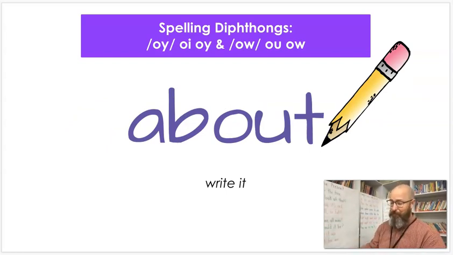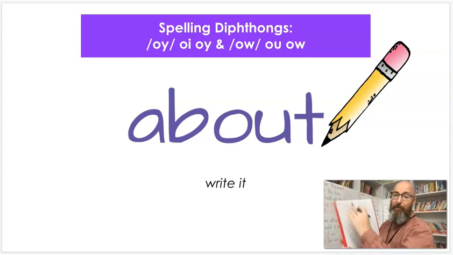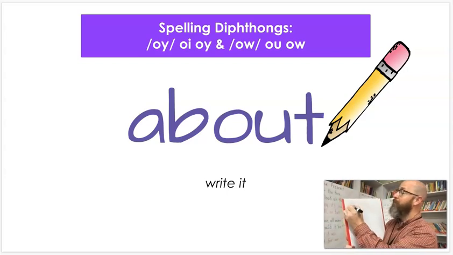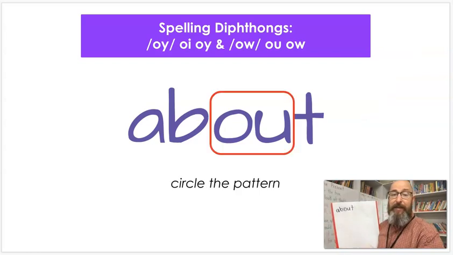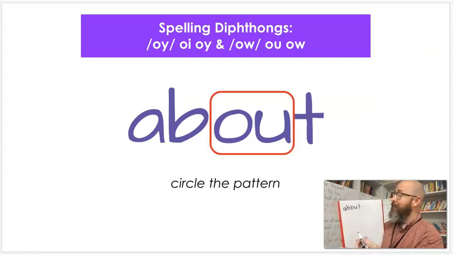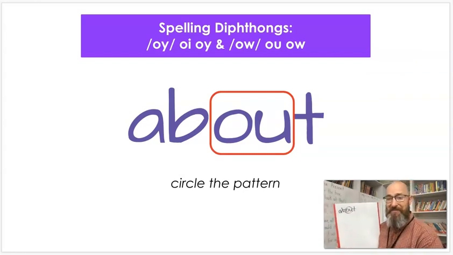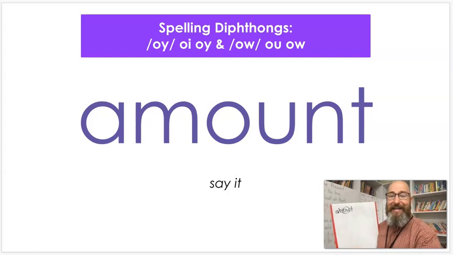Getting out my marker and my whiteboard, and I'm going to write the word about. A-B-O-U-T, about. And then I'm going to circle the pattern. And in this pattern, the ow sound is spelled O-U, so I'm going to circle that. Easy enough.